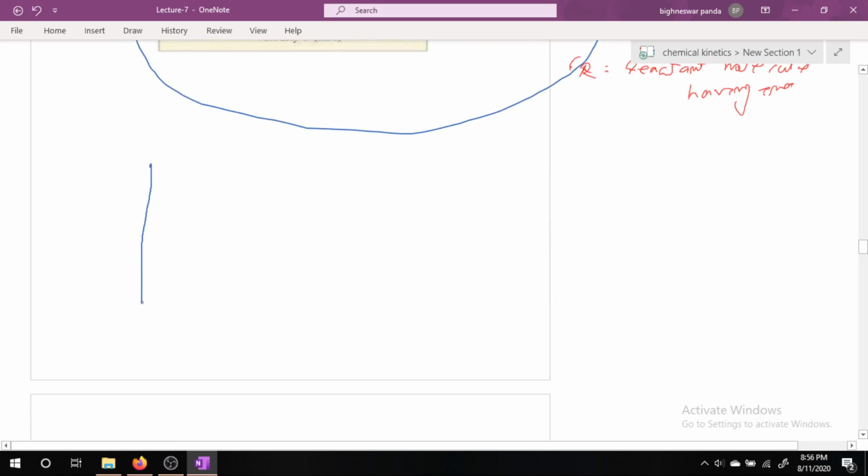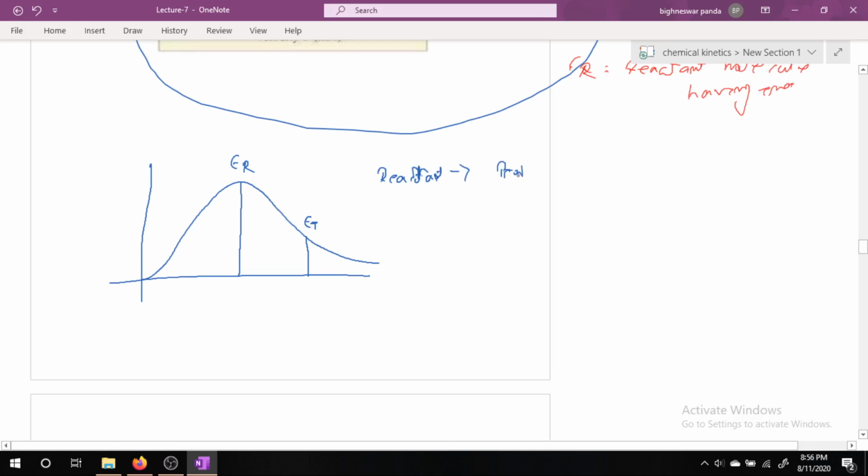So again I am drawing the curve. This is ER. For the reactant to be converted into product, ER is less than ET, and this fraction of molecules should possess energy greater than ET.